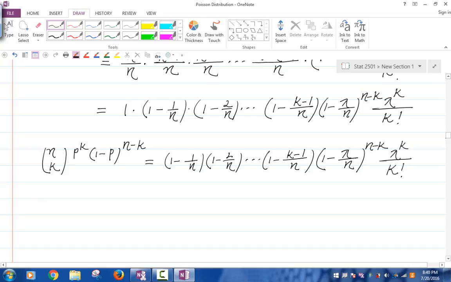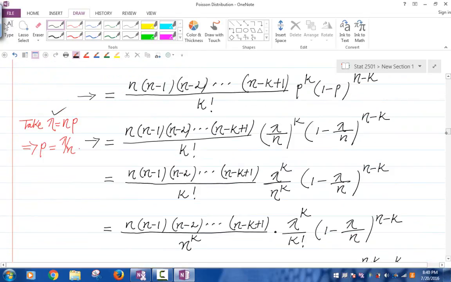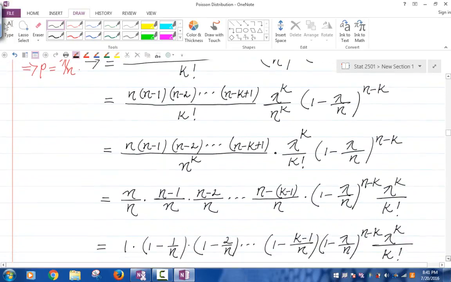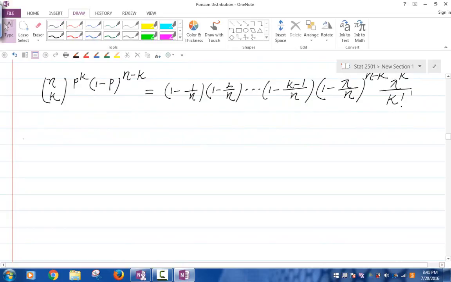Now what I want to do is take the limit as n goes to infinity, but we have to be careful, because if we change n, we might be changing lambda. So I want to take the limit as n goes to infinity, but in a specific way. What is that?